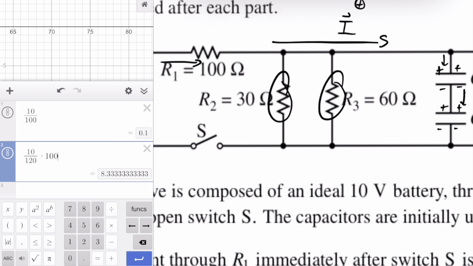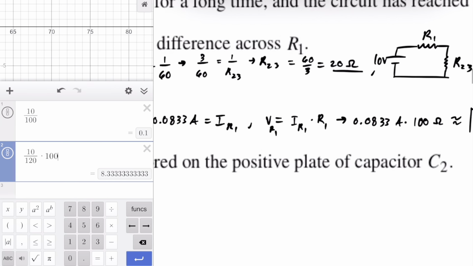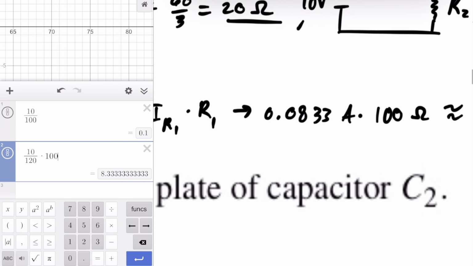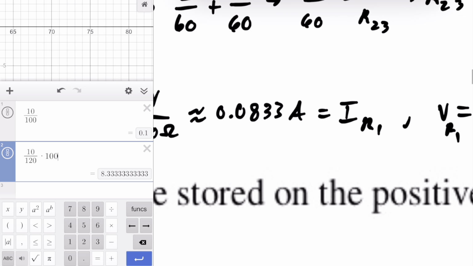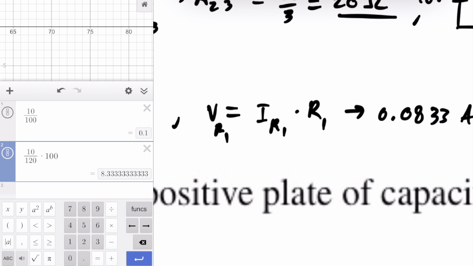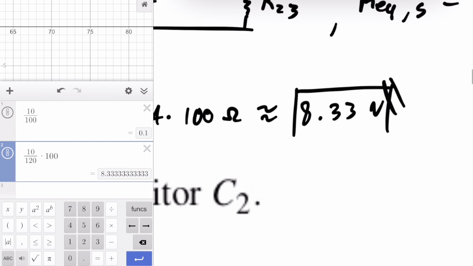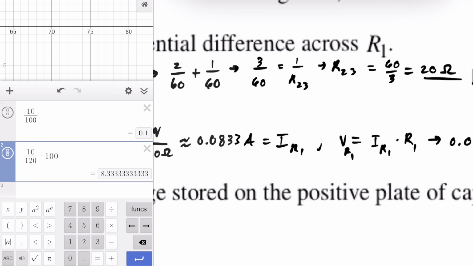So technically, the current going through R2 and R3, or sorry, R23, the equivalent R23, would be 0.833, but this one will have less than 0.833 and less than 0.833 because of Kirchhoff's junction rule. But basically, the current of the whole circuit is the current of whatever circuit elements are in series. That sounds weird, but you get the point. If you need me to explain it further, I'd be happy to. So let's move on.